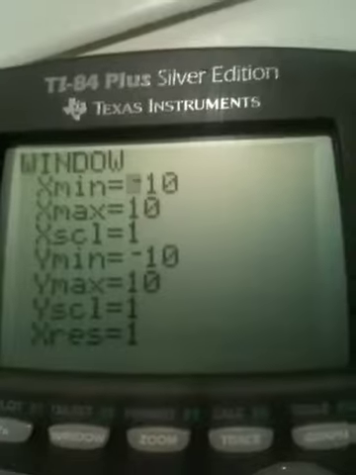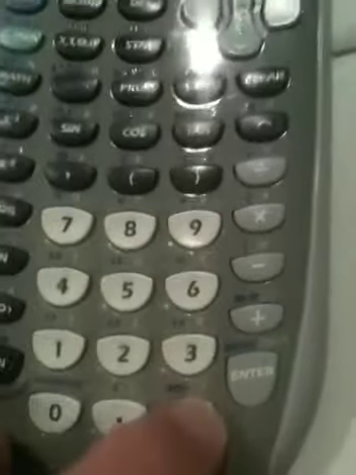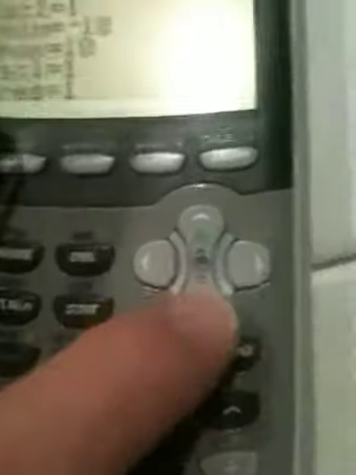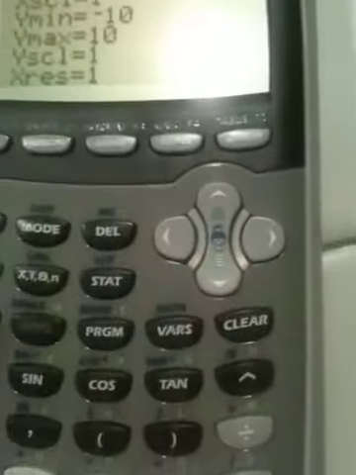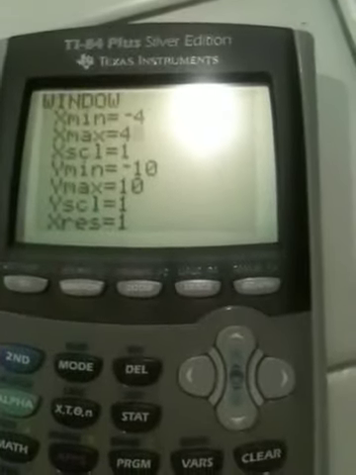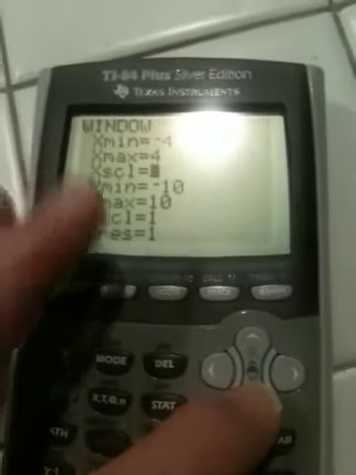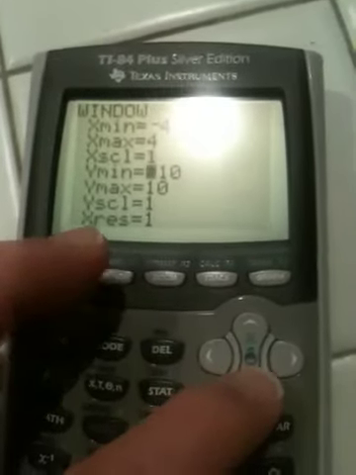So let's come over here. They want me to put in, watch what I'm going to do, the opposite of 4. I'm going to hit my down arrow key. My x max will be a positive 4, so I type a 4. I hit my down arrow key. I leave my x scale alone.